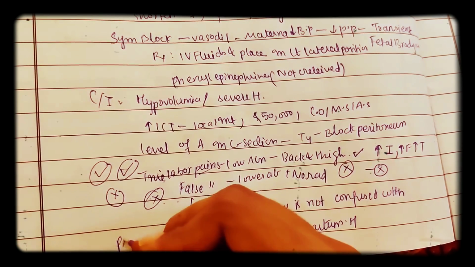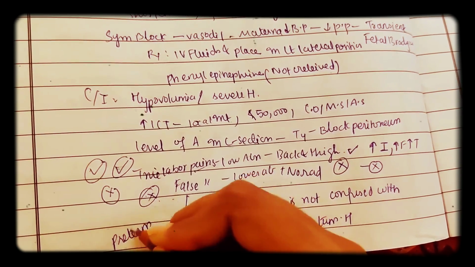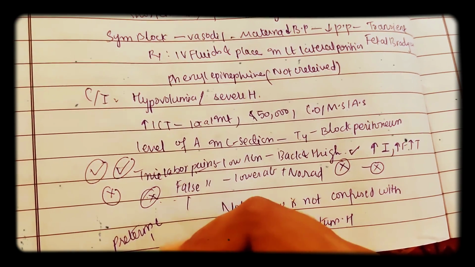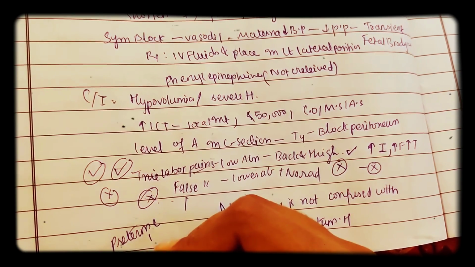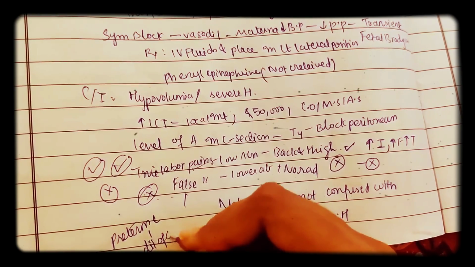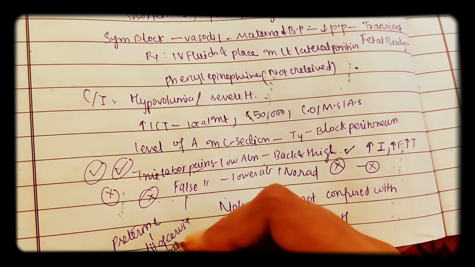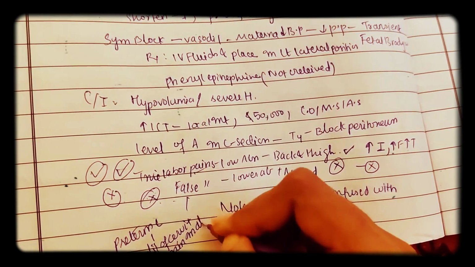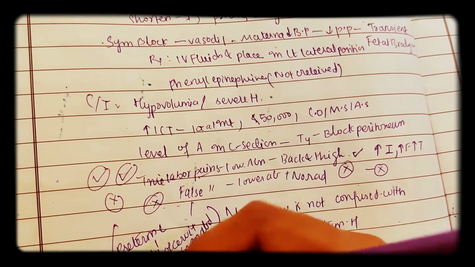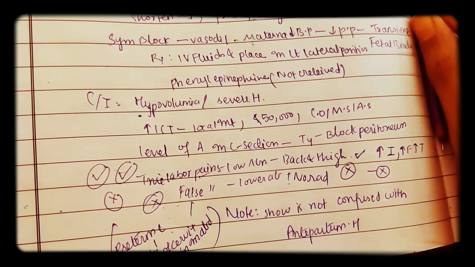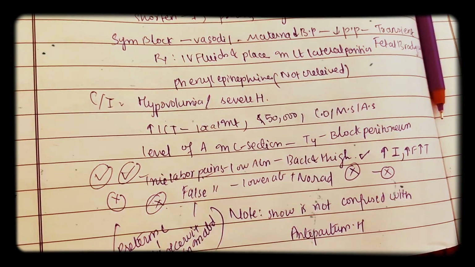Coming to preterm labor. In preterm labor, there is progressive dilation of cervix. Here you will have dilation of cervix plus pain in the abdomen. So this is what we need to see. So by this we completed normal labor. Next we'll start with abnormal labor in another video.